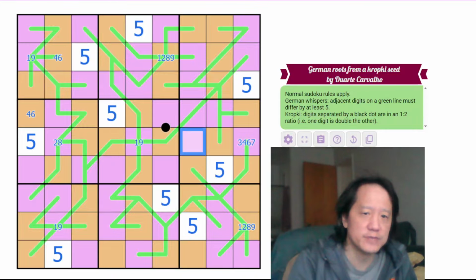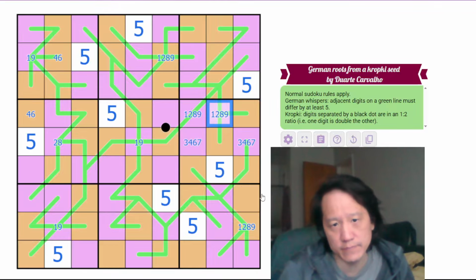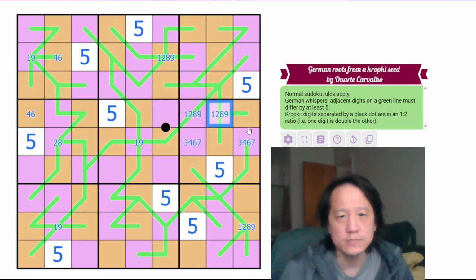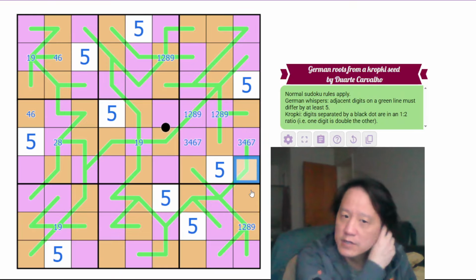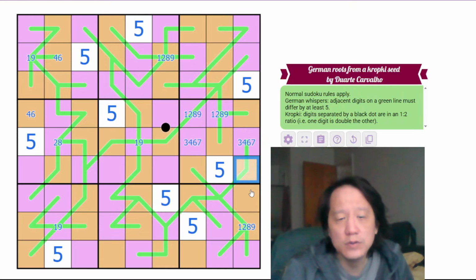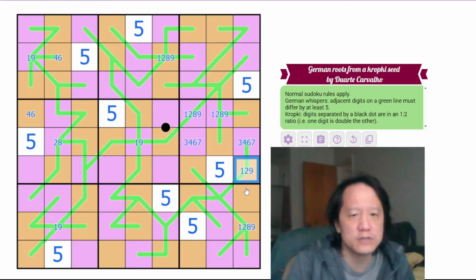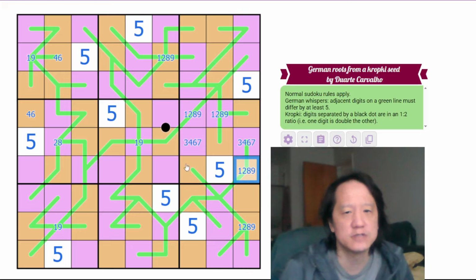So this is the same as here: 3, 7, 4, 6. This is 1, 2, 8, 9. 3, 7, and 4, 6 can only be next to 1, 9 or 2, 8 of the opposite set.